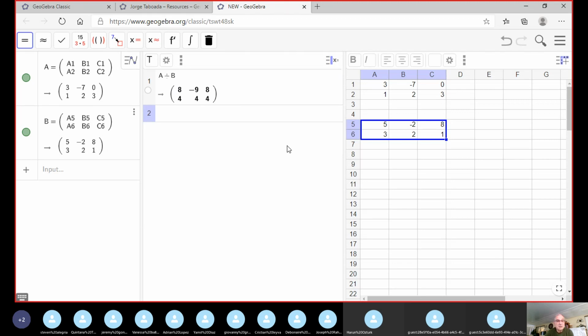And this is the answer. Exactly the same as we are doing by hand on paper. 9, negative 9, 4, 4, 4. And now A minus B. A minus B. Enter. Negative 2, negative 5, negative 8, negative 2, 0, 2. Super. Any questions?